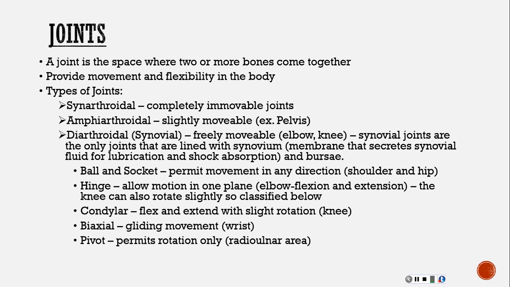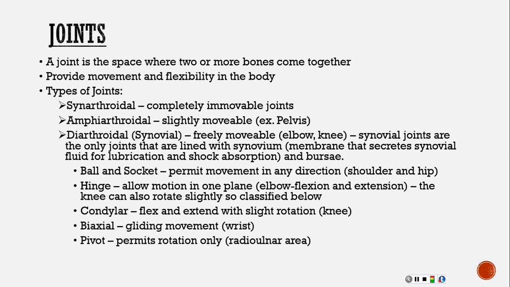The amphiarthrodial are slightly movable. This is the pelvis. And then diarthrodial is what you'll commonly hear. A lot more things can go wrong with the diarthrodial or synovial joints. These are freely movable, such as the elbow and knee.